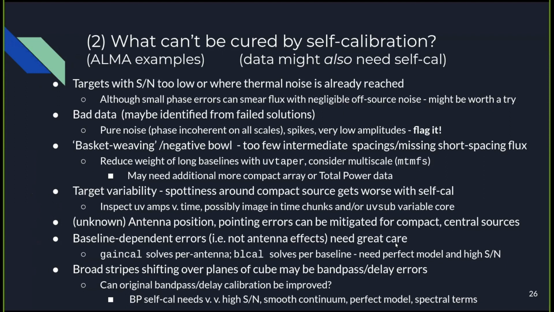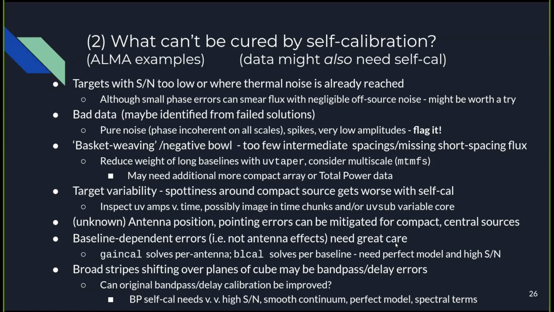Similarly, if your target is variable, like a flare star or a very, very compact AGN, then you have to do something like subtracting out the variable data. And that's the sort of thing that could be discussed more if you run up against that particular problem.